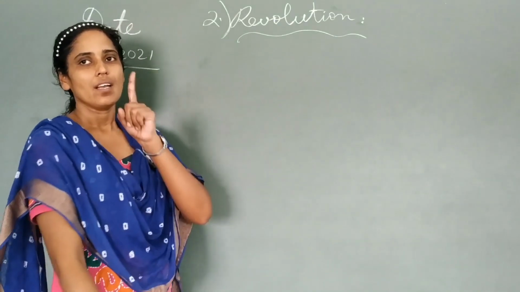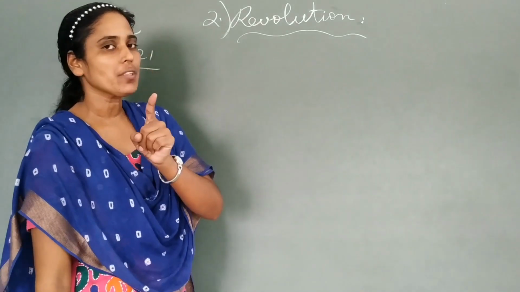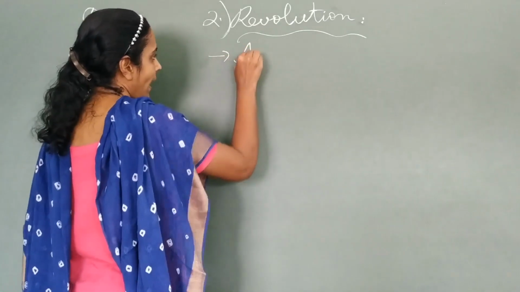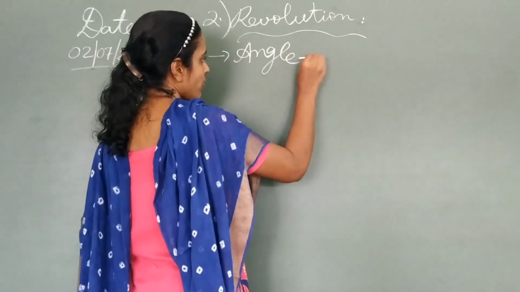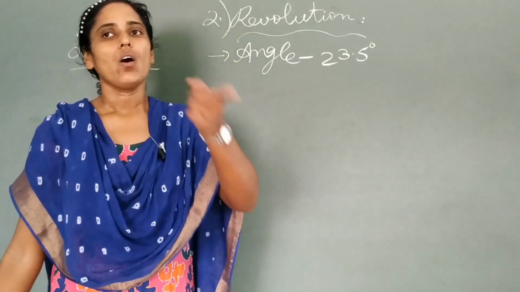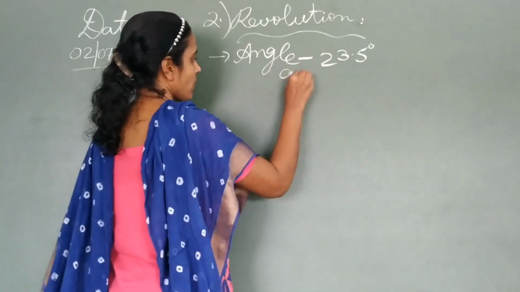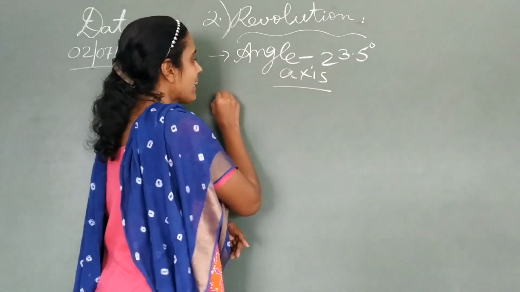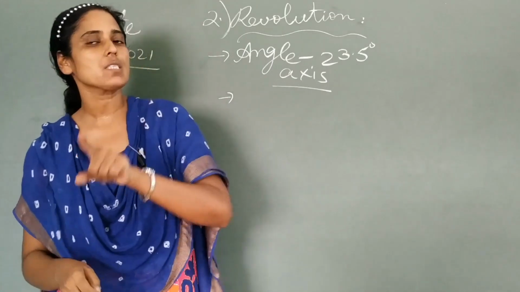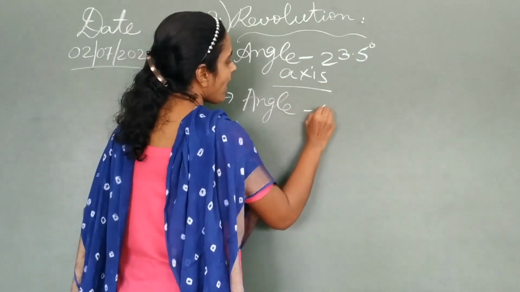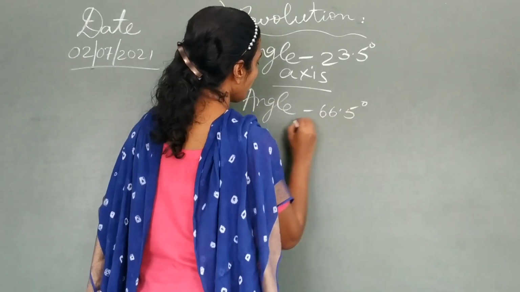So what happens due to this revolution, students? This movement of the earth on its own axis causes the creation of angles: first, the angle of 23.5 degrees. This is on the axis. This angle is towards the axis, and the second angle is 66.5 degrees towards the orbit.